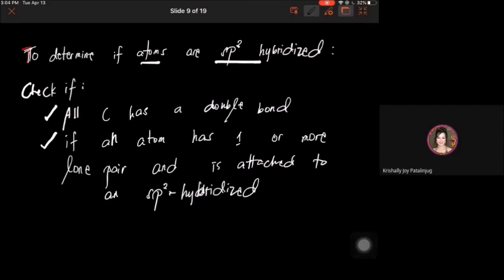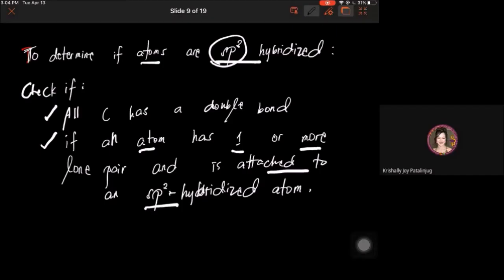I repeat, an atom is also sp2 hybridized if it carries one or more lone electron pairs, and that atom carrying a lone pair is attached to an sp2 hybridized atom.